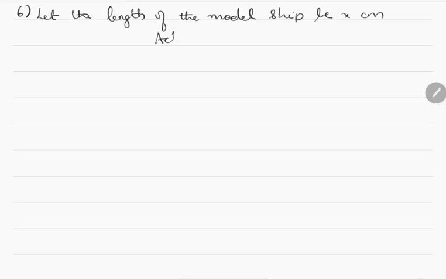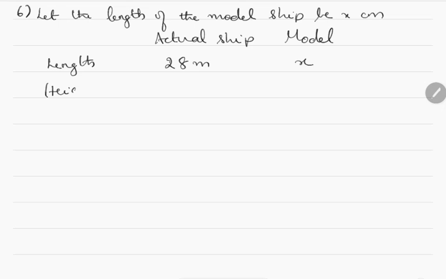Now we'll have the actual ship here, the model ship like this. The length of the ship is 28 meter, x. The height of the mast is 12 meter. Here it is 9 centimeters.